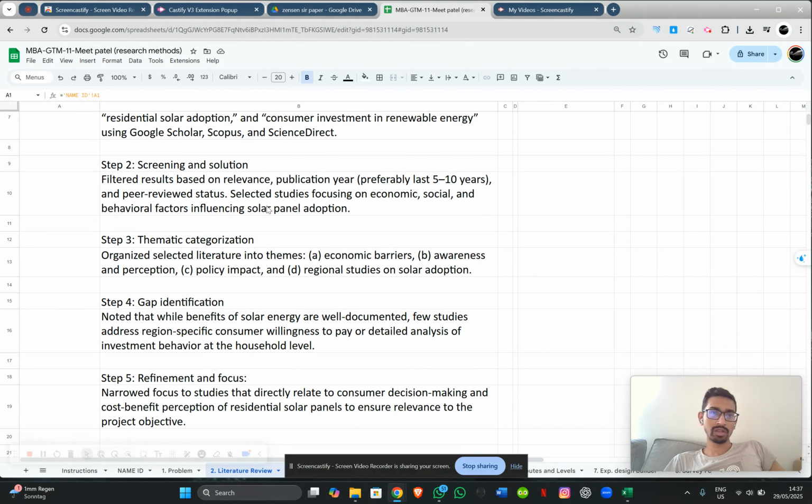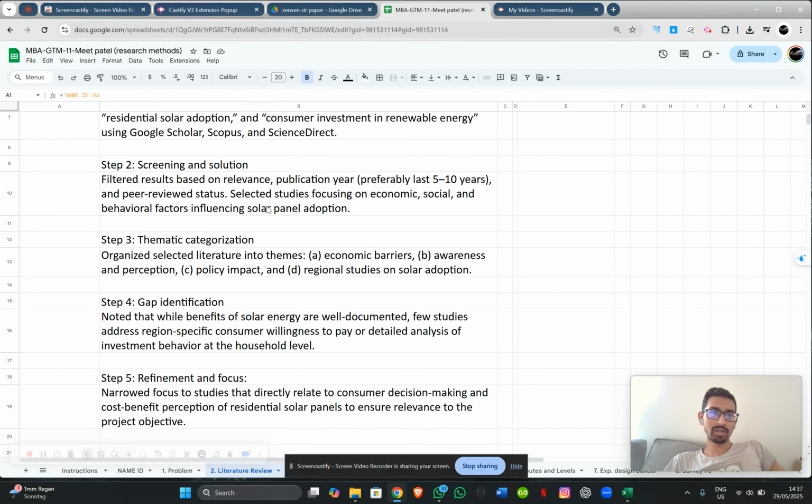The third step is thematic categorization. In this, there are basically four themes: economic barriers, awareness and perception, and policy impact and regional studies on solar adoption.